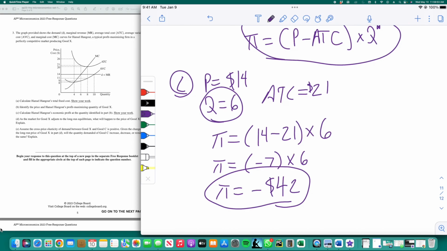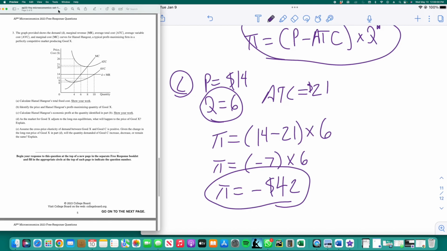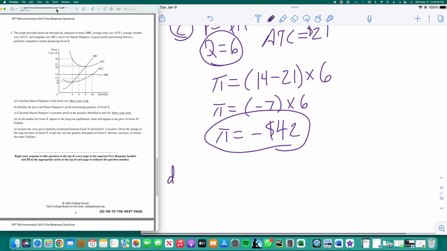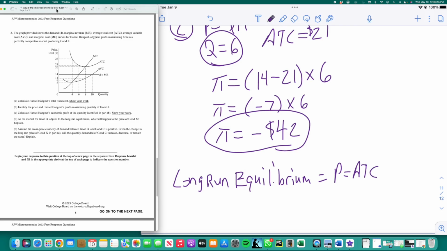Part D. As the market for good X adjusts to the long-run equilibrium, what will happen to the price of good X? So long-run equilibrium means that we are doing price equals ATC. Also, you're making losses, and do you know what happens next?